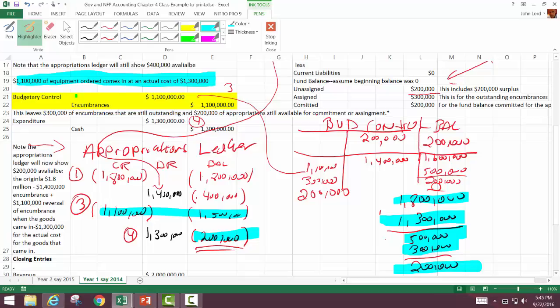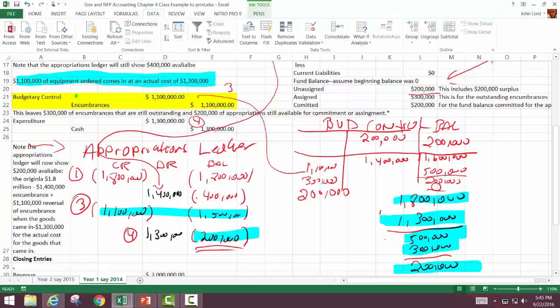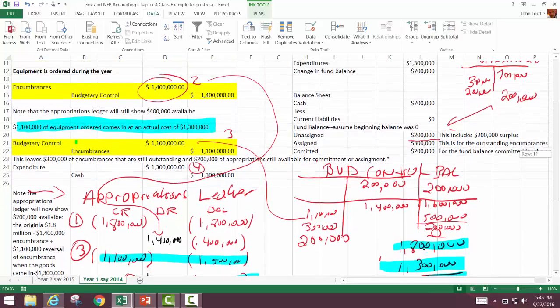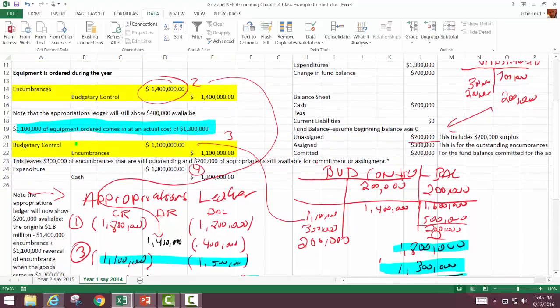Okay, so how much did we order originally? Everybody? We ordered what? We ordered 1.4. Going back up, we ordered how much? 1.4. How much of that has come in? 1.1.